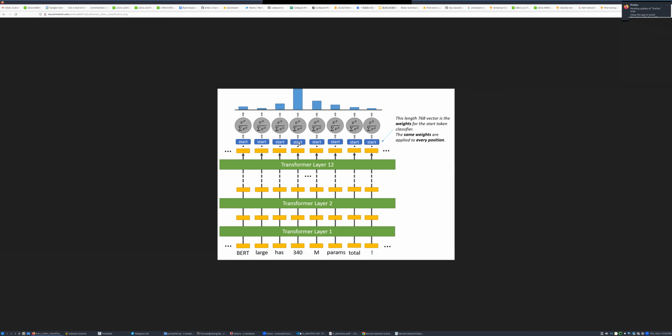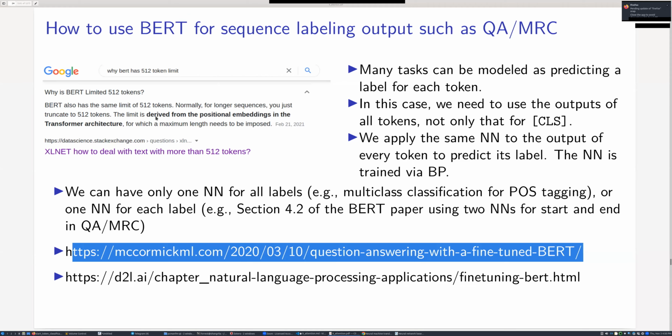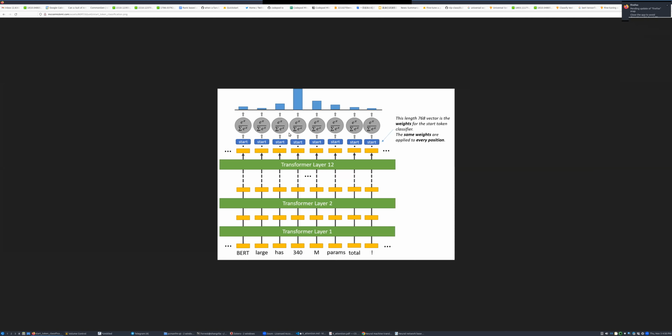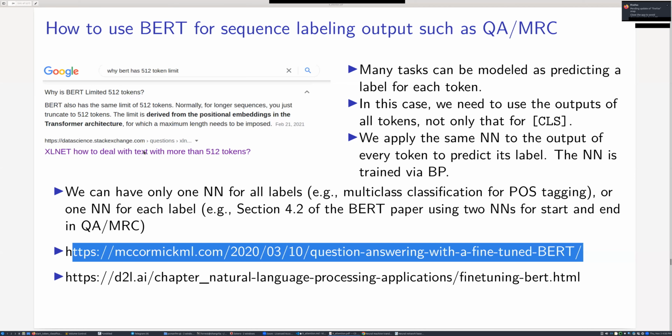The second predicts whether it's the end of the answer. So I expect that the maximum output in the example on the slide will correspond to the word derived, while if I want to predict the end of my answer, I want the maximum activation to correspond to the token architecture. That's how I use it to do question answering or machine reading comprehension.